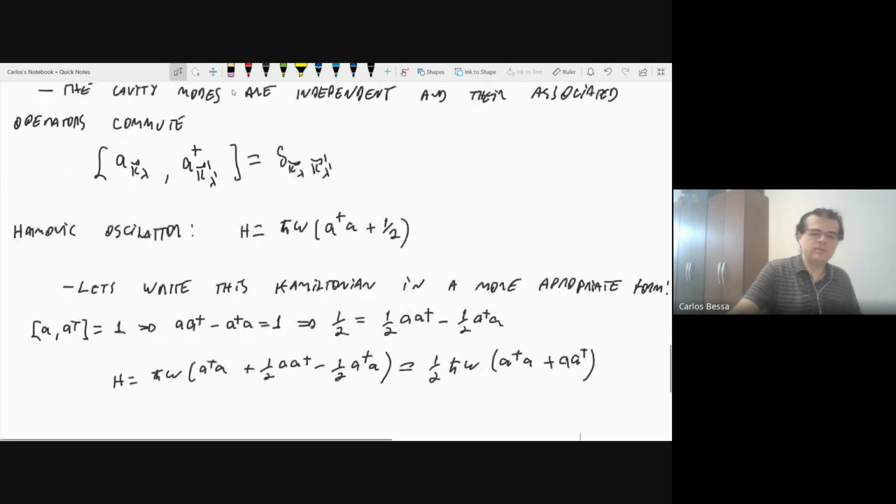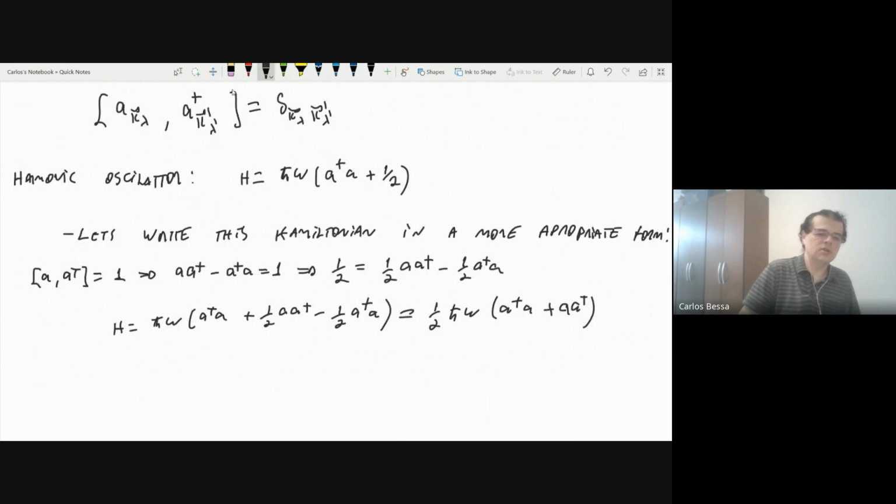Now let's define a similar Hamiltonian for each mode in the cavity.